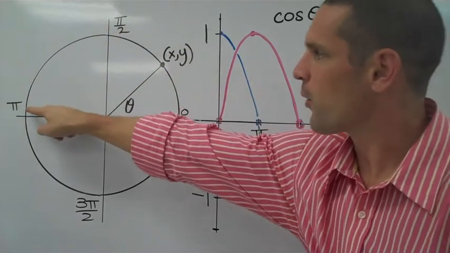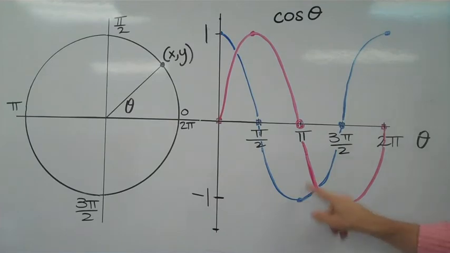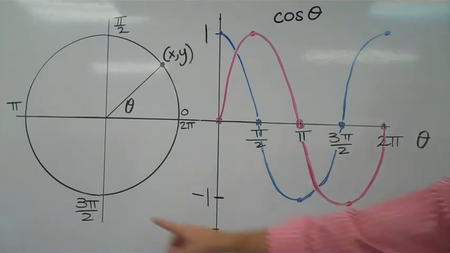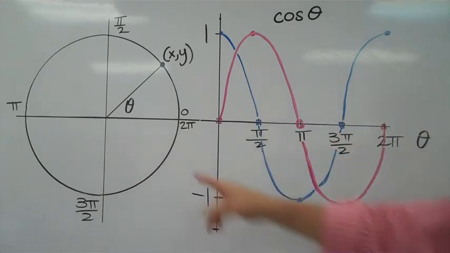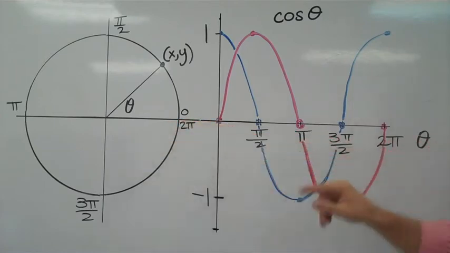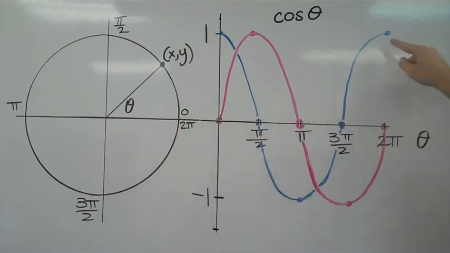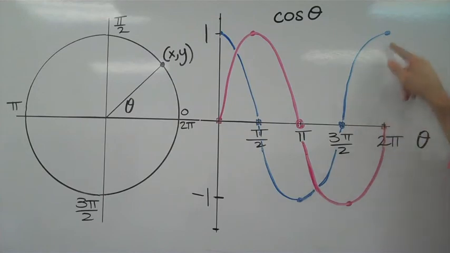At pi, or 180 degrees, we're over at negative 1 in the x direction, so at pi, negative 1. At 3 pi over 2, our x-coordinate is again 0, so I put a 0 there. And as we reach around again to 2 pi, my x-coordinate is again over positive 1. So 1 is my x-coordinate at 2 pi. My points are 1, 0, negative 1, 0, and 1.